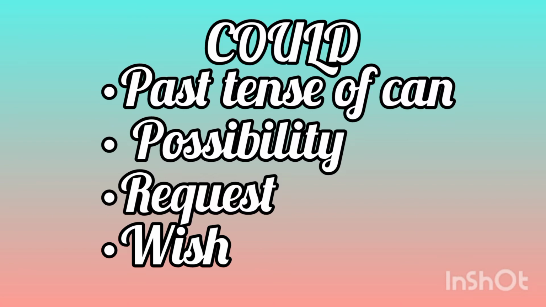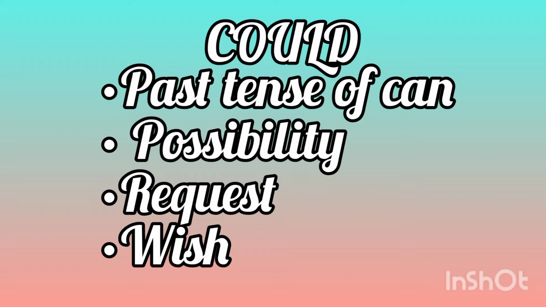In other words, he was not able to go to school yesterday. I could not pass the entrance test, or I did not have the ability to pass the entrance test. So could shows one's ability, capability, capacity or power in the past time.